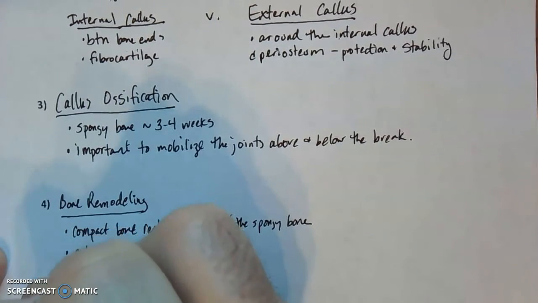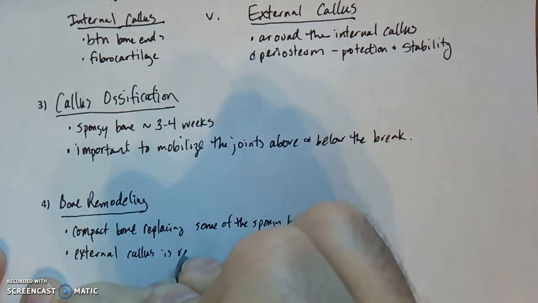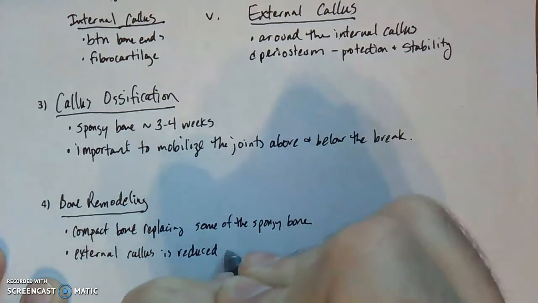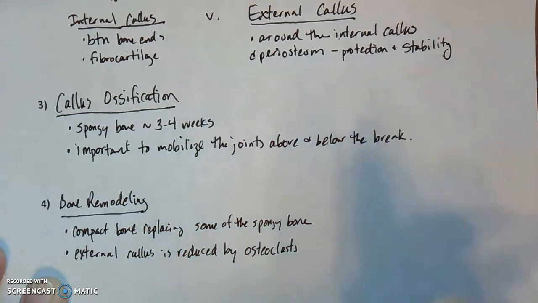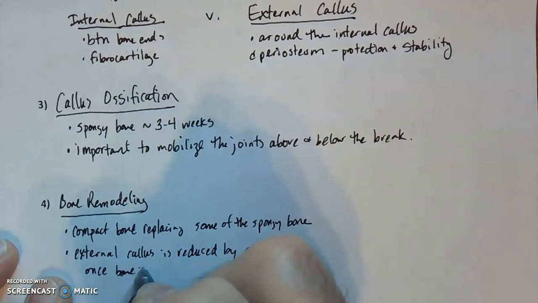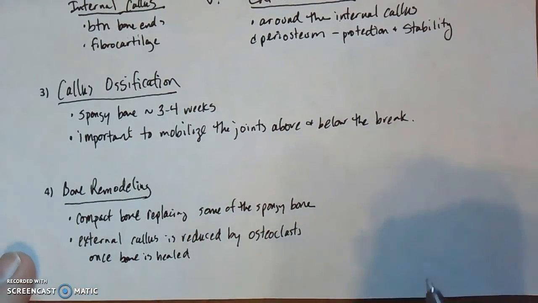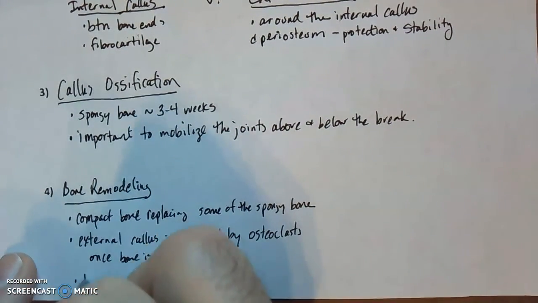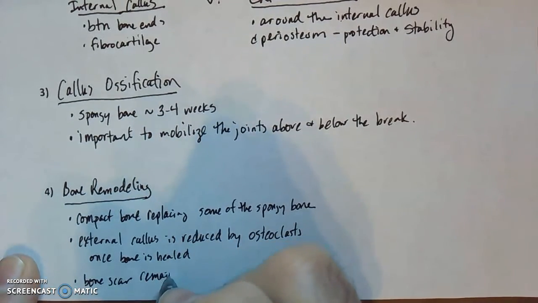The external callus is reduced by osteoclasts, so there'll no longer be a large bump, they'll go in and remodel that. So that's once the bone is healed. But there will be a very faint scar, so a bone scar remains.